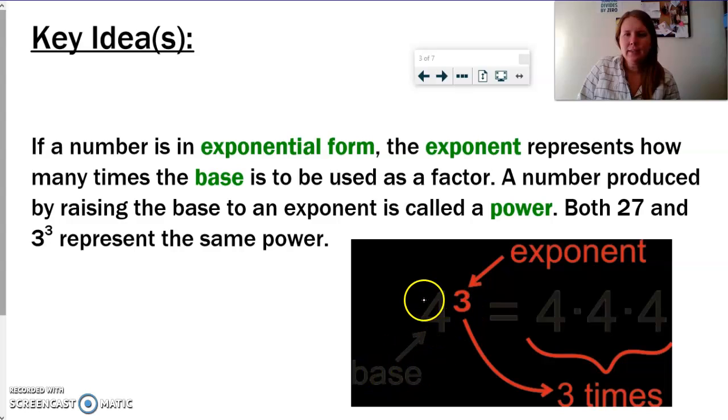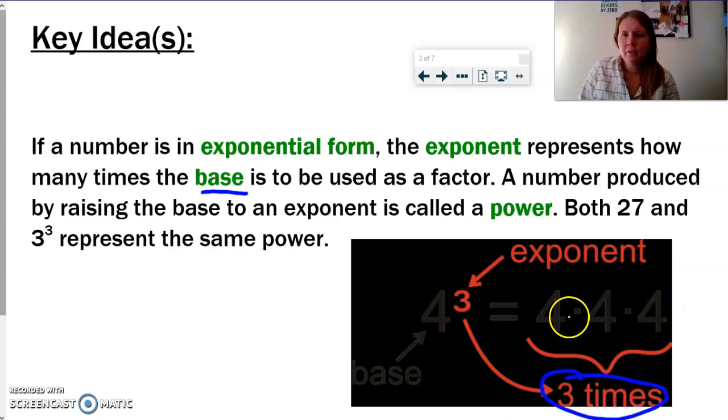Your base is 4, so that's what they're talking about with the base. And how many times am I going to use that? I'm going to use it 3 times. And so that's why I'm going to write out or expand it. Sometimes they talk about expanding it. 4 times 4 times 4.